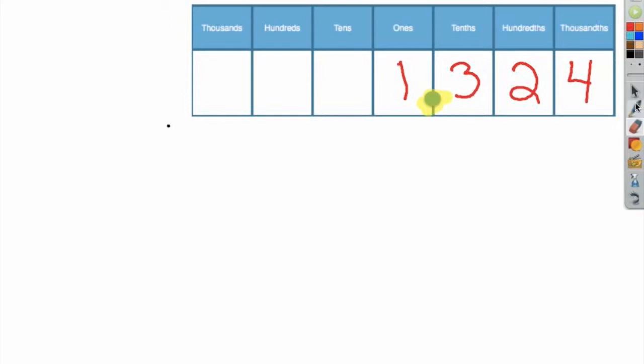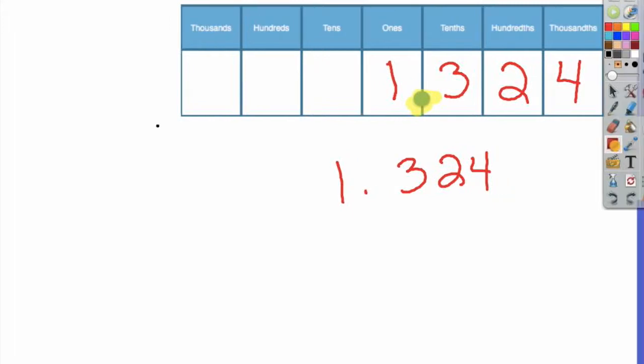When I have a number like this, I cover the decimal and I read that number by itself.